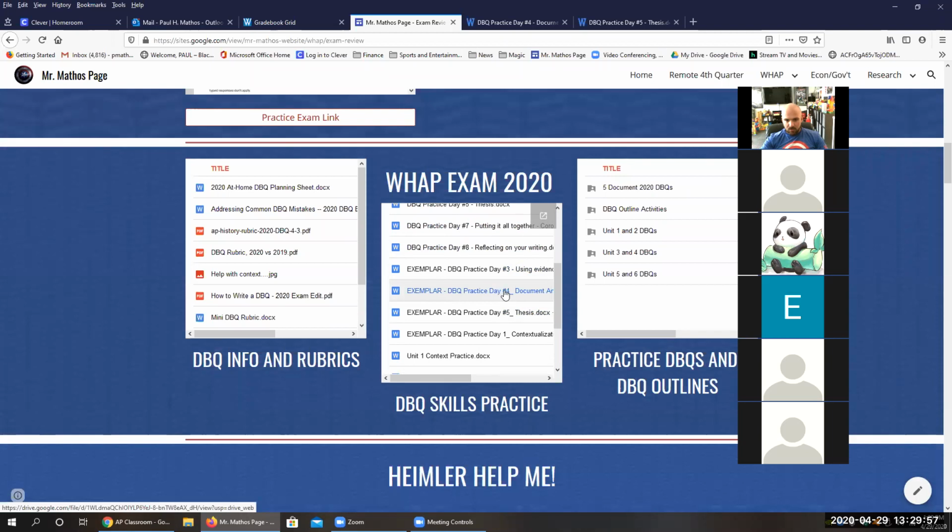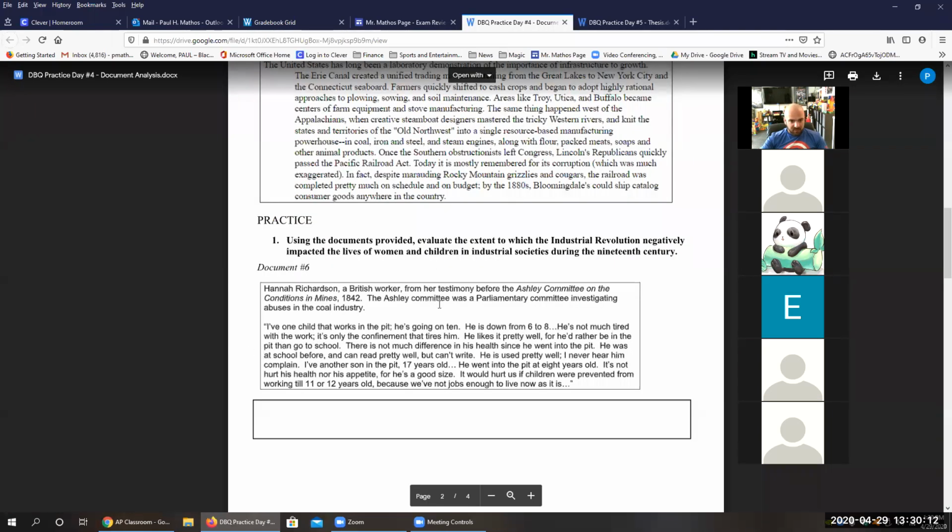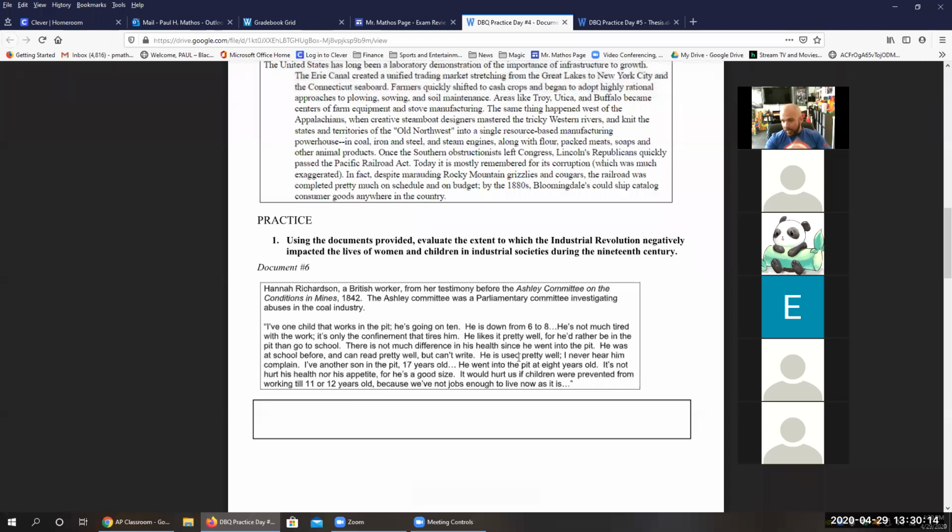Once you're done writing it on your paper, you can see what the exemplar is. You can see what somebody else did. Okay? So take 4 or 5 minutes, and let's do one of these right now. Analyze it using historical context, point of view, purpose, or intended audience. And if you forgot how to do those, that should be in your notes.